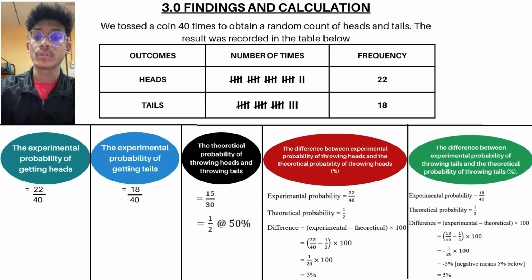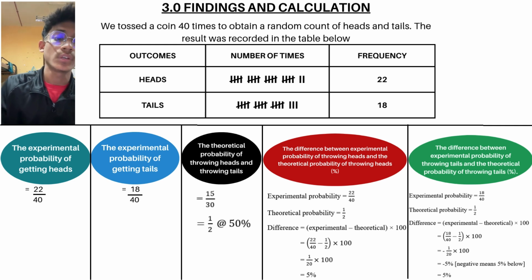We got probability of heads 22 over 40, and probability of tails 80 over 40. According to theory, both should be 50%. So we observe a 50% difference, which is due to the randomness of real life trials.